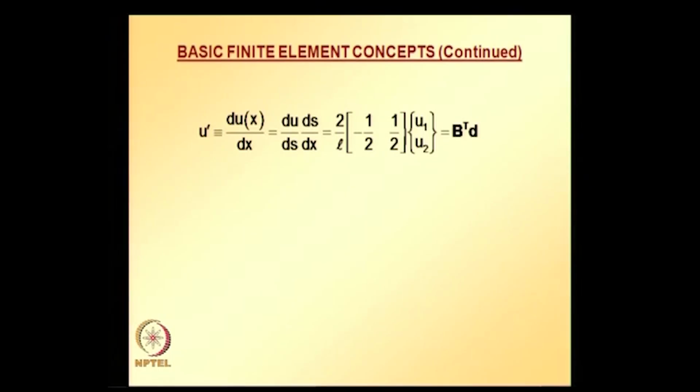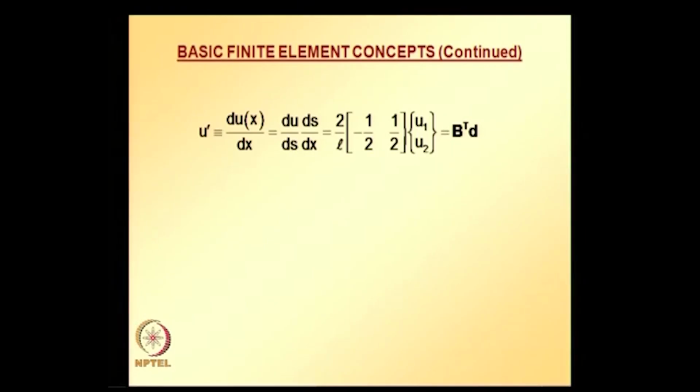So, plug in all this information, you get 2 over L times a vector consisting of minus half, half, times a vector consisting of u1, u2, and this u1, u2 is denoted with d, and 2 over L times minus half, half is denoted with B transpose.